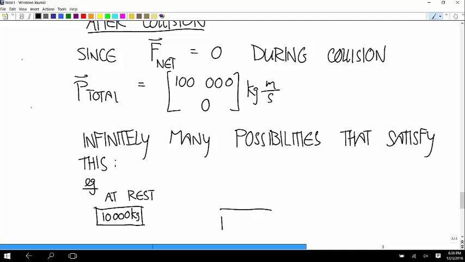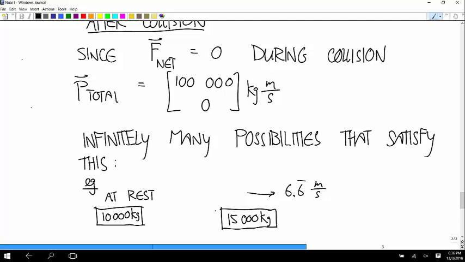And we could have the 15,000 kilogram cart going... What's 100,000 divided by 15,000? Is that 6.6 repeating? Yes. 6.6 repeating meters per second.